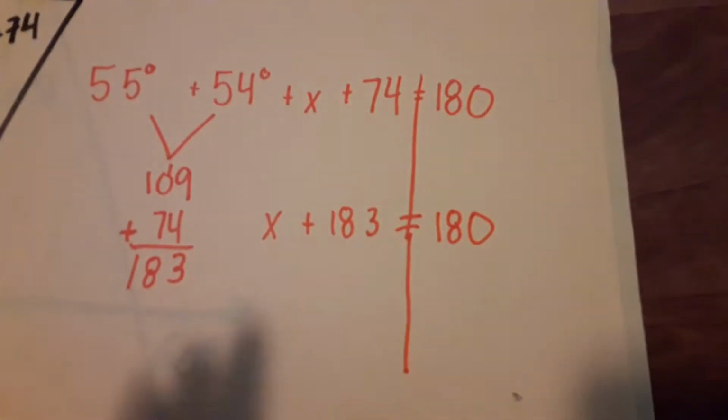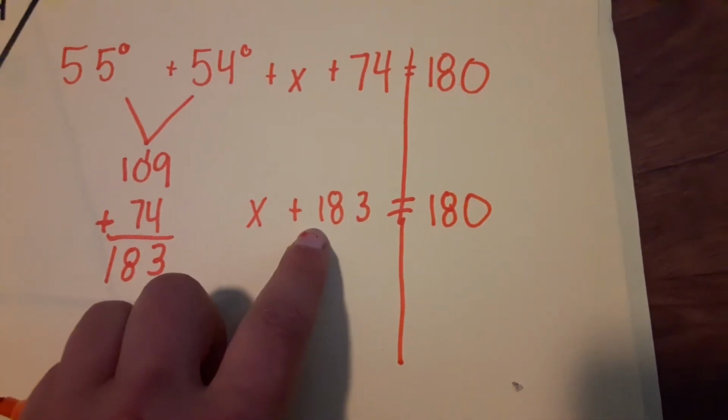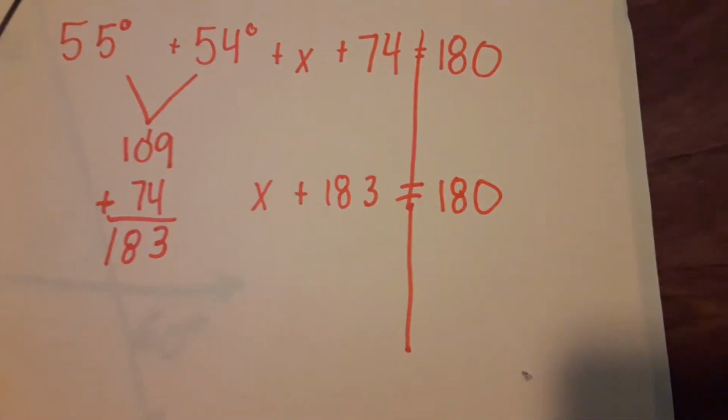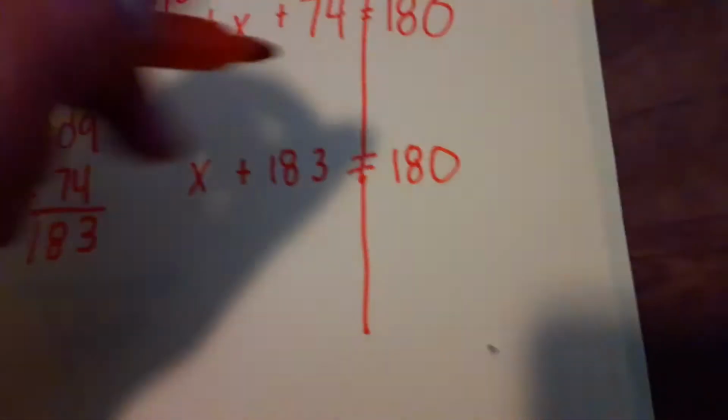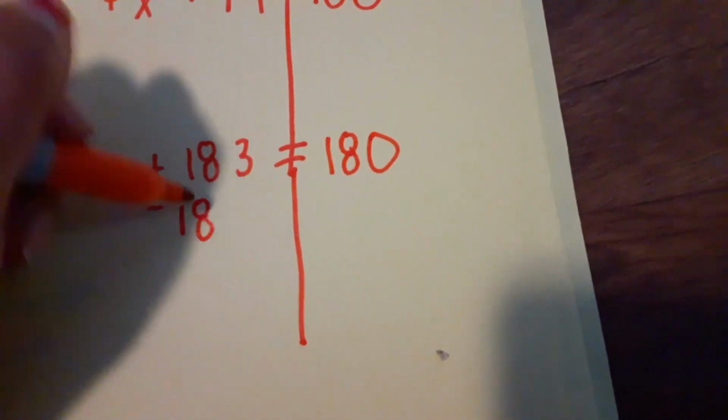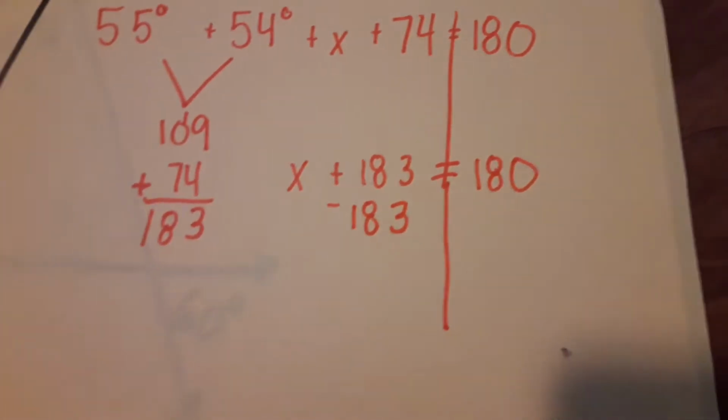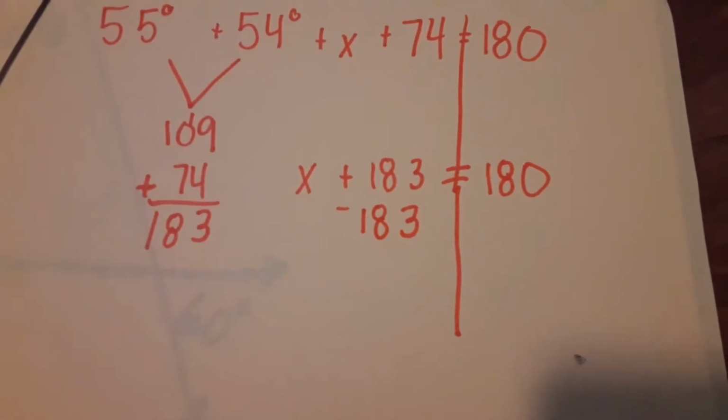And I'm going to continue solving. So what do you know here? You want x, but it's being added to 183. So I'll go ahead and do the inverse operation. If they're adding 183, the inverse or the opposite is to minus 183.